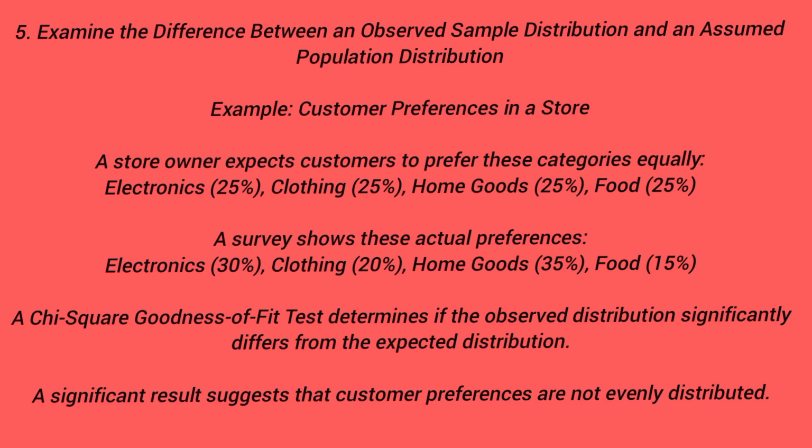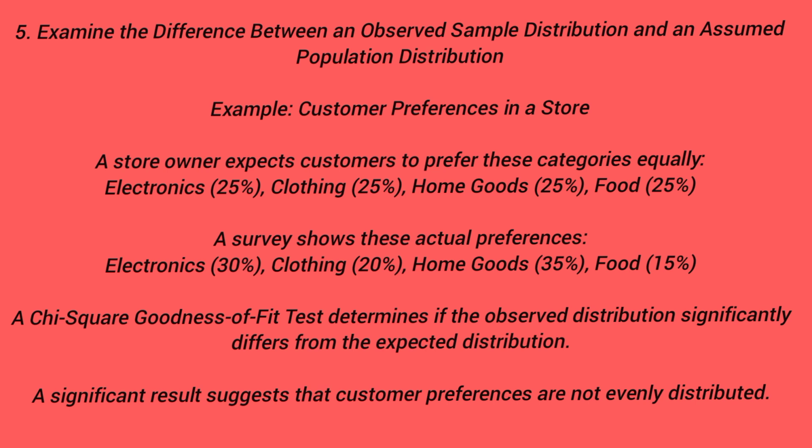Examine the difference between an observed sample distribution and an assumed population distribution. For example, customer preferences in a store. A store owner expects customers to prefer these categories equally: electronics 25%, clothing 25%, home goods 25%, and food 25%.